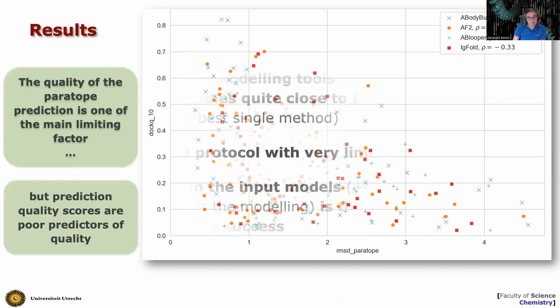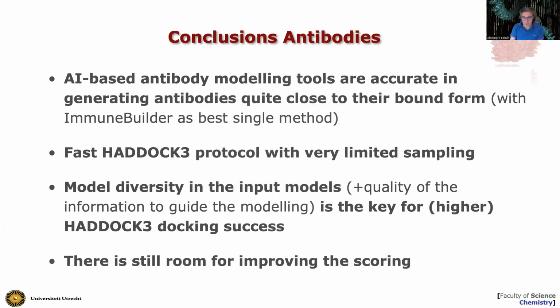So in conclusion, for antibodies, the tools that we have at hand, AlphaFold and the other tools that are being developed, and there are new tools coming out probably every week, bioRxiv is flooded with AI papers, are very accurate in modeling antibodies, and they generate conformations that are actually quite close to the bound form, so the form that you need to bind to the targets.